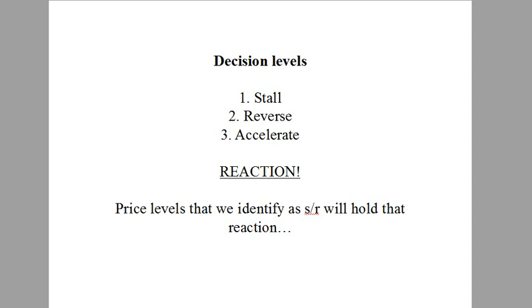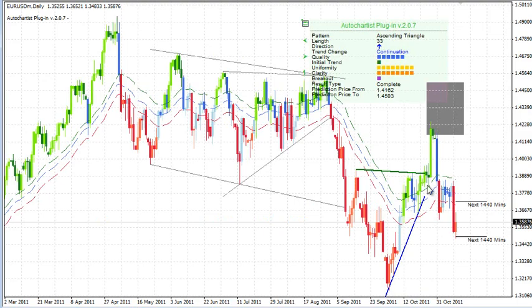And if we found a decision level that I think is meaningful, means something to the market, it holds a psychological reaction, then we are well on our way to identifying those spots on a chart that we want to do something at, whether it be the breakout through the triangle or whether it be the exhaustion in the prediction area.